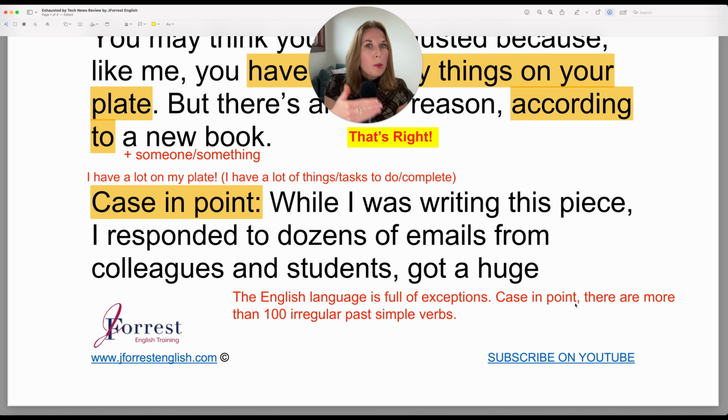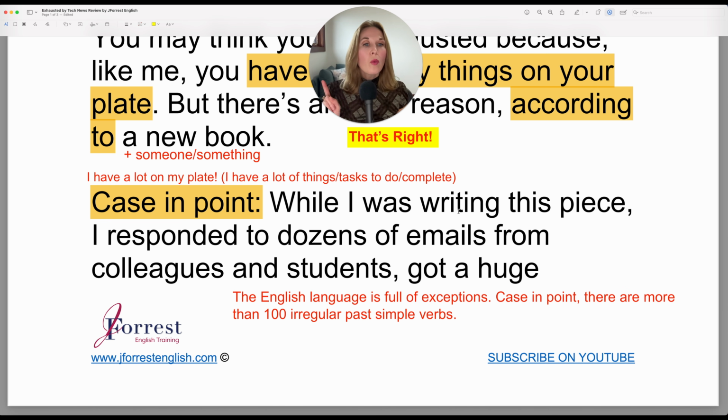And then you have to provide an example that shows the English language is full of exceptions. There are more than 100 irregular past simple verbs. So it could be any example of that. And that's why you need to learn English naturally like you're doing now. So that's how you can use case in point. If you're not sure of how to use it yourself, you can just use for example.